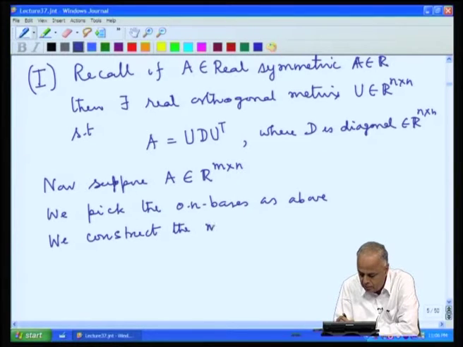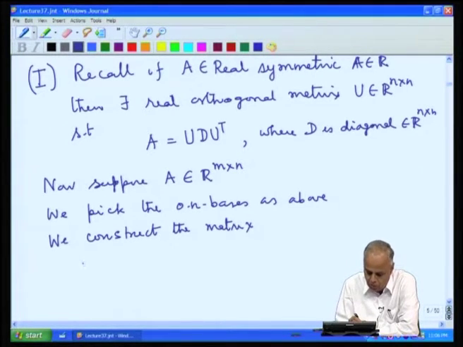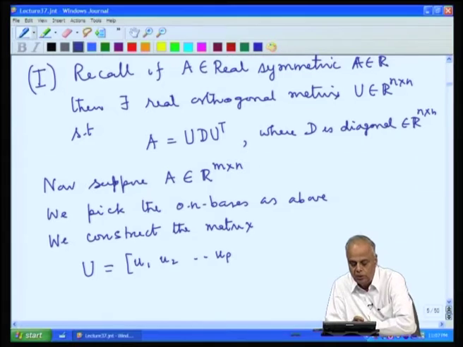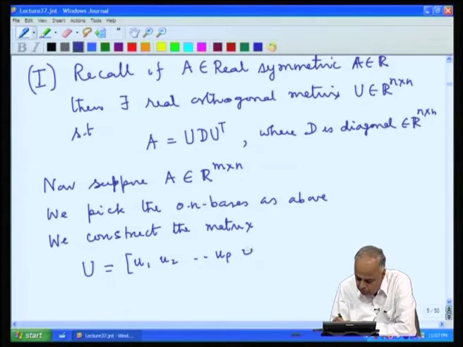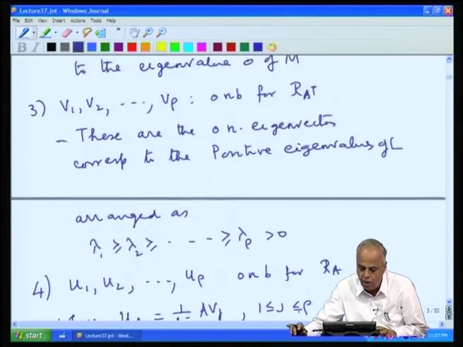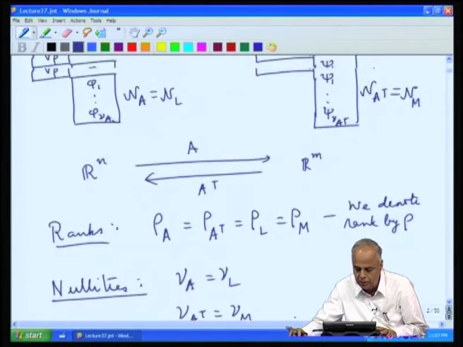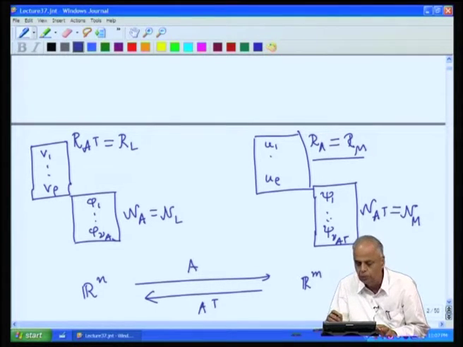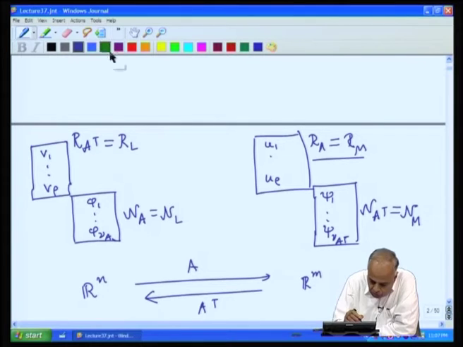Then we construct the matrix U whose columns are the vectors U_1, U_2, ..., U_rho, that is, these are the orthonormal basis for the range of A, and then the remaining basis coming from the null space of A transpose. So, U is a matrix whose columns are formed by, if you look at this picture, U_1, U_2, ..., U_rho and psi_1, psi_2, and so on.